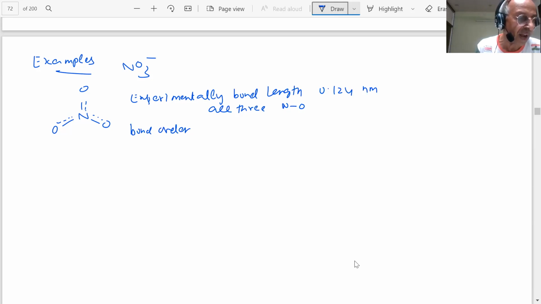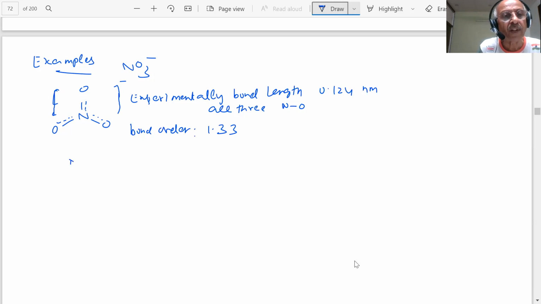What will be that in NO3 minus, because there is a negative charge on this? I am showing it by brackets. We have drawn the structure of this. So this is 0.124 nanometer, and the bond order of nitrogen-oxygen in NO3 minus is 1.33.